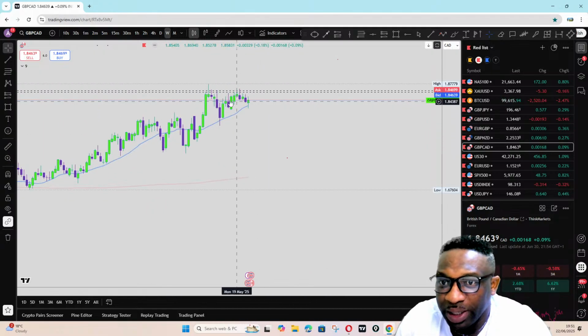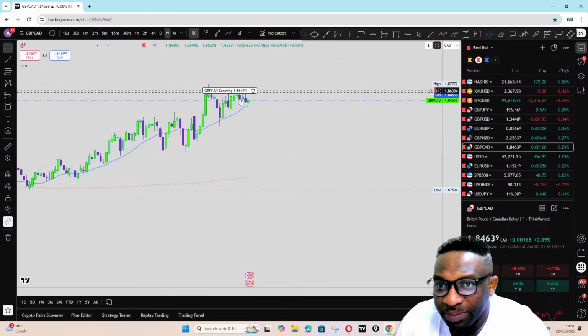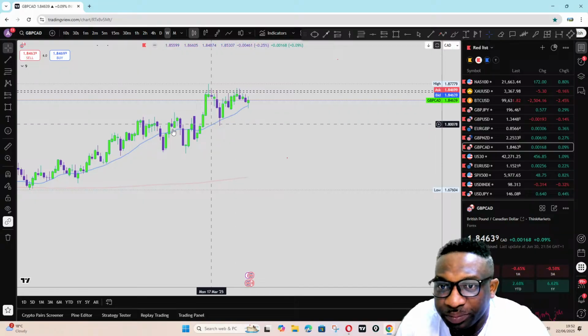So on the weekly, on the GBP card, you can see price giving some rejections above here, coming back to the 20 moving average.